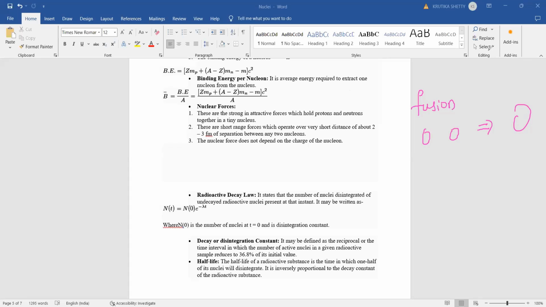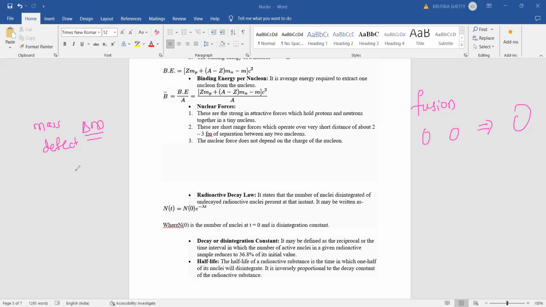Here in this case we will study one point called the mass defect. What do you mean by mass defect? It is denoted by the letter delta m. Mass defect is the difference in the masses of the constituents of the nucleus and the mass of the nucleus.